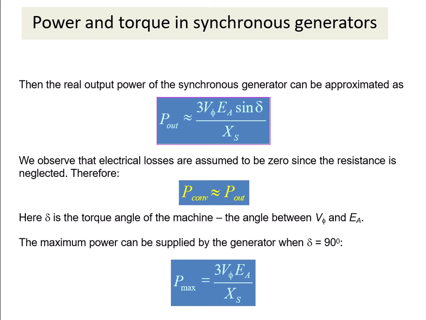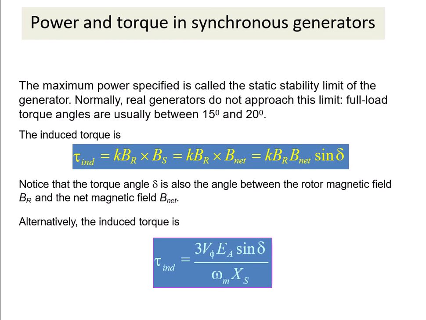Maximum power can be supplied by the generator when delta is 90 degrees, so P max is equal to 3 V phi EA upon XS. The maximum power supplied is called the static stability limit of the generator. Normally, real generators do not approach this limit. Full load torque angles are usually between 15 and 20 degrees.